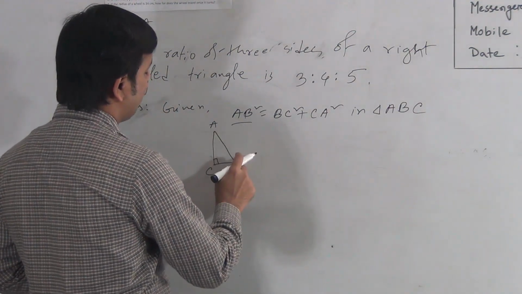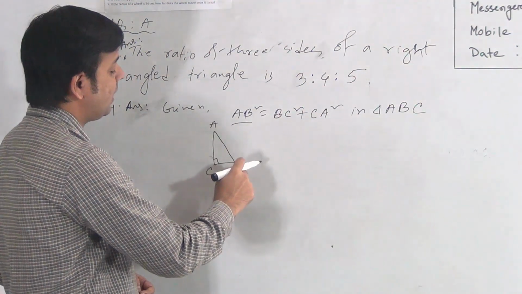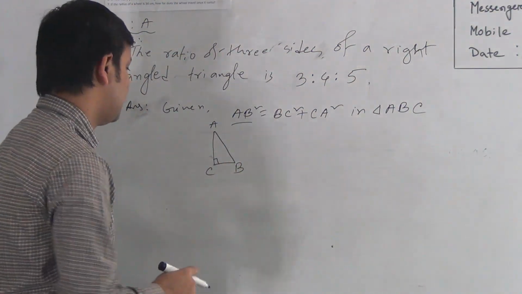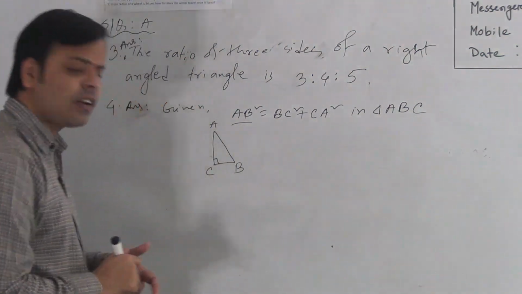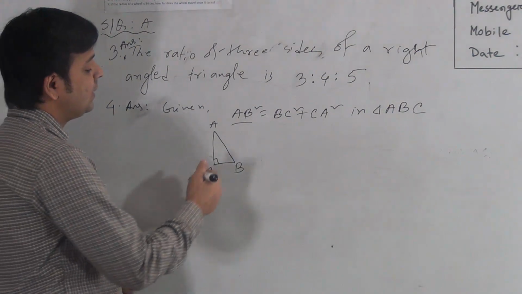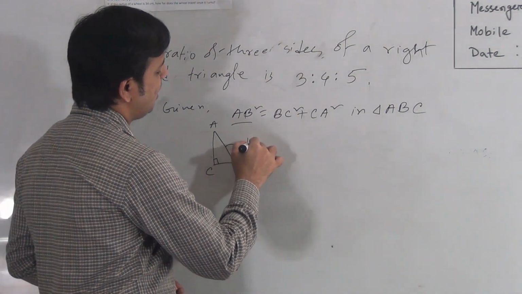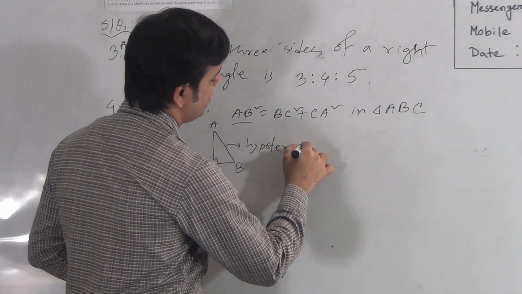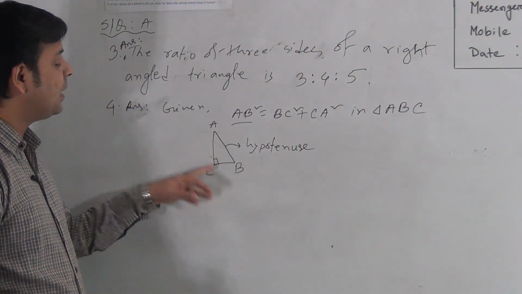So according to the theorem of Pythagoras, we can say AB square equal to BC square plus AC square. It means that this is a right angle triangle and this AB is the hypotenuse. As AB is the hypotenuse, the angle opposite to AB is the right angle.